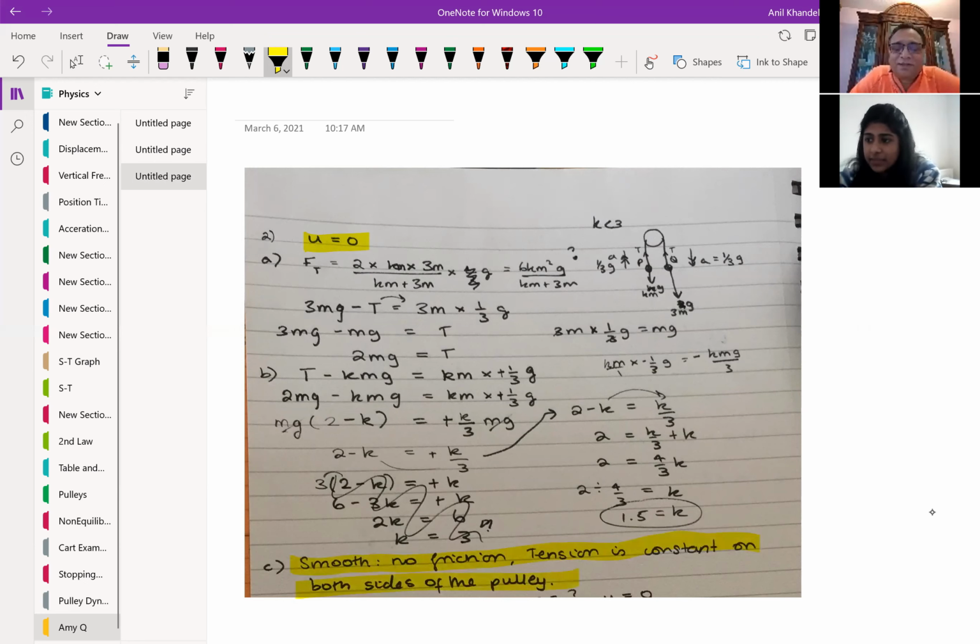Then it said smooth light fixed pulley, so the fact that it was smooth told me there was no friction, so again the tension was constant. When it came towards the end, it said the system is released from rest, so that's when I wrote u equals 0. When it said calculate the tension, I started off by using the tension formula. That's very good.